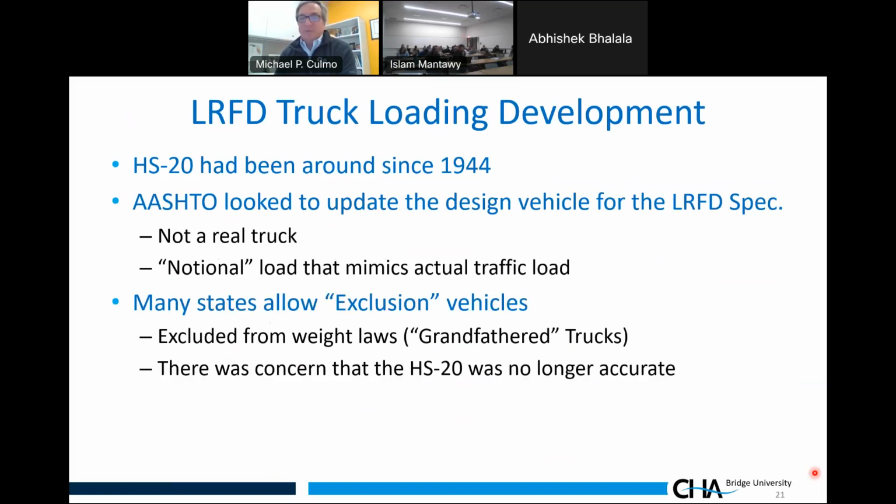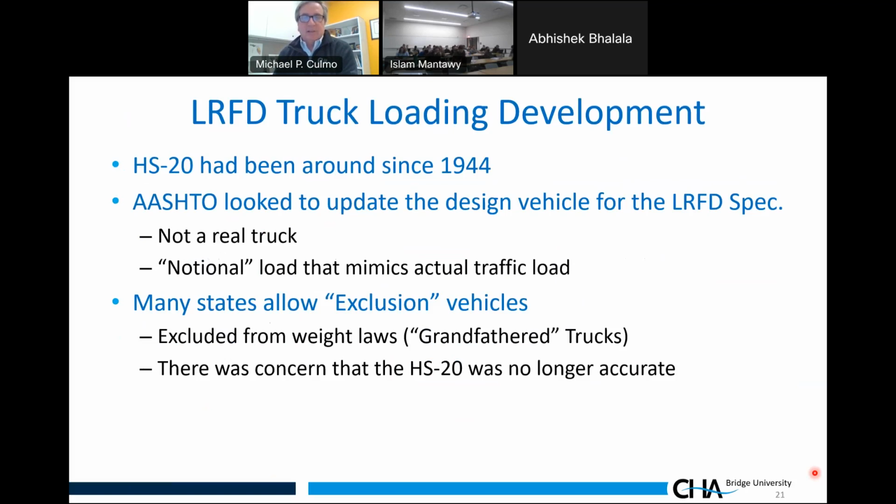I can't hear you, but the answer is it was developed in 1993. So during the development of the LRFD code, there was a need to look at updating the vehicle because the vehicle was 70 years old, if I can do my math correctly. And they wanted to see maybe it's time to start looking at a different design vehicle. And it had been a long time since 1944.